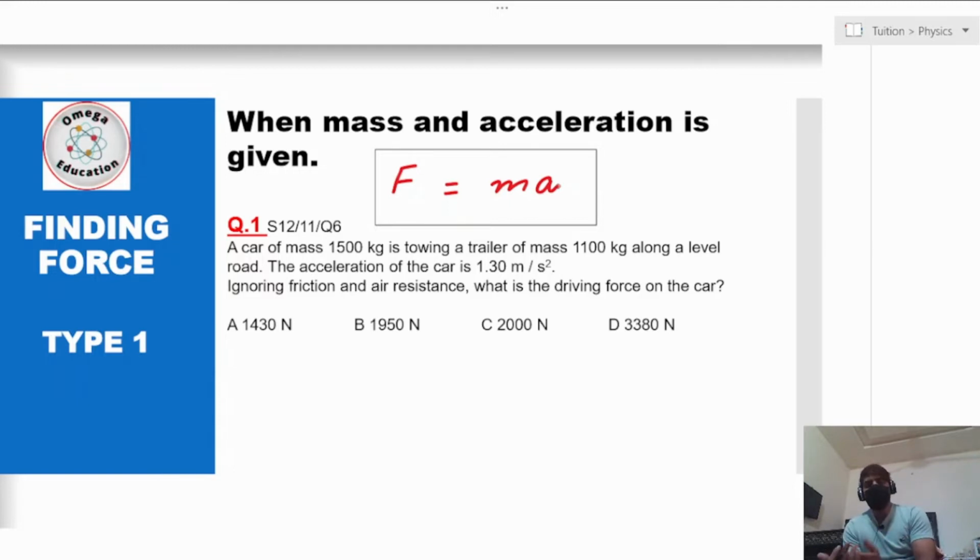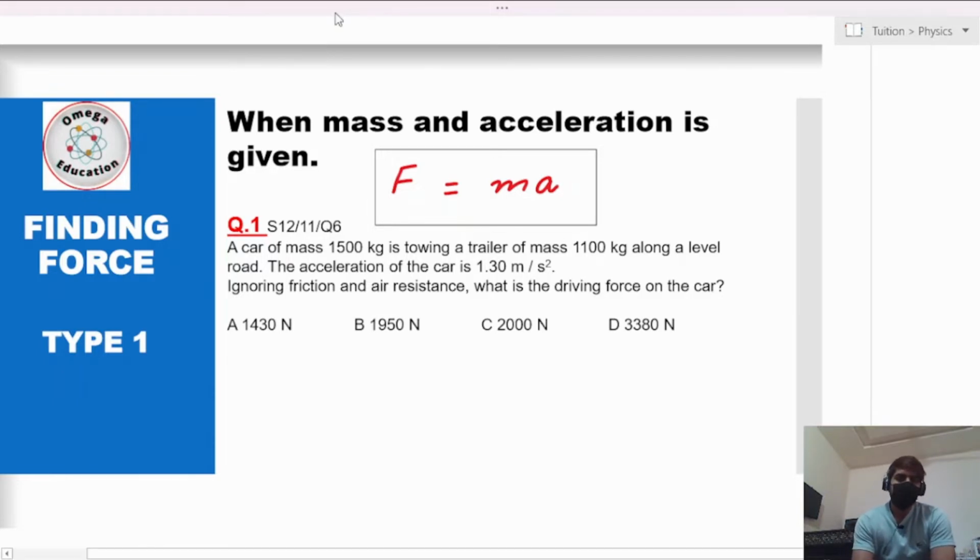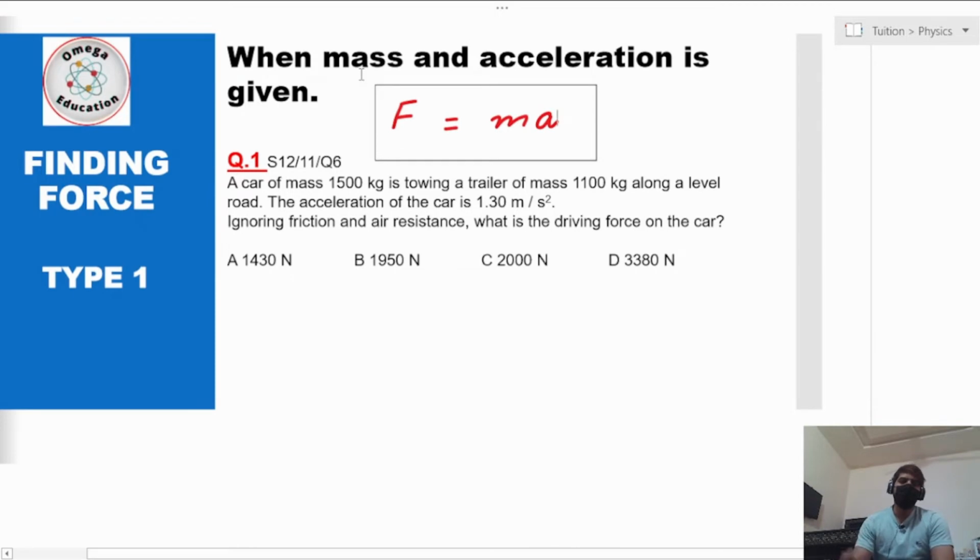So force and acceleration, you always get questions, probably 6 to 7 marks, paper 1, paper 2 combined. So when you're given the value of mass and acceleration, you have to use the formula F equals ma, which is the formula that we get from Newton's second law of motion.